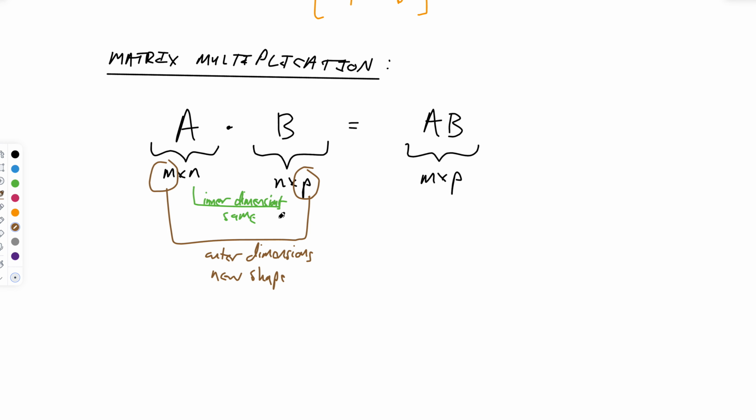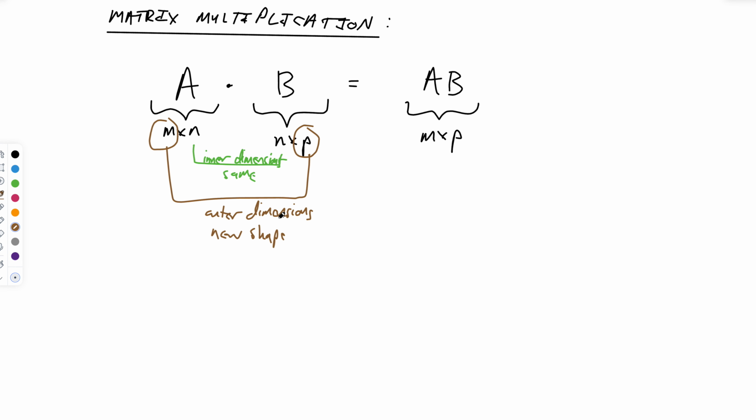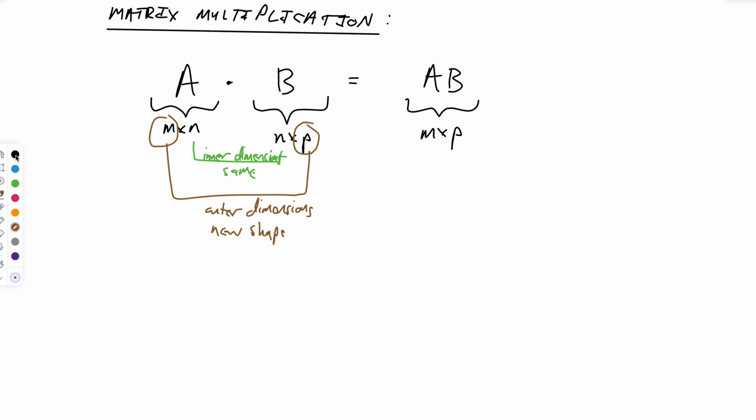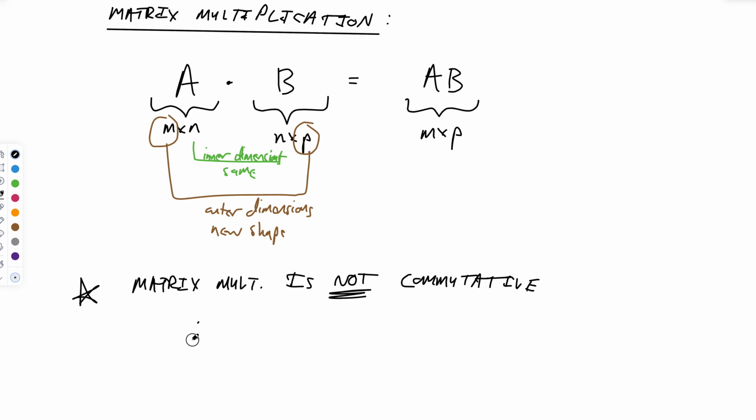Now, to actually do the multiplication, we need to figure that out. But first, these caveats, right? We need to make sure that the inner dimensions are the same. And if they are, the result is the outer dimensions. I should note, very important, matrix multiplication is not commutative. What this means is that AB is generally not equal to BA. That's not to say that it can't be.